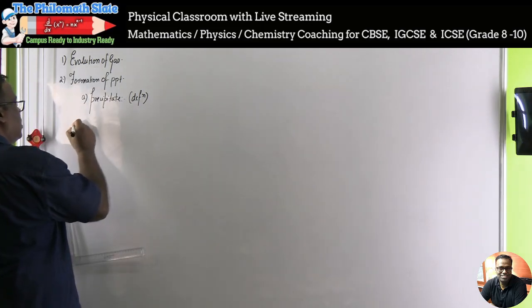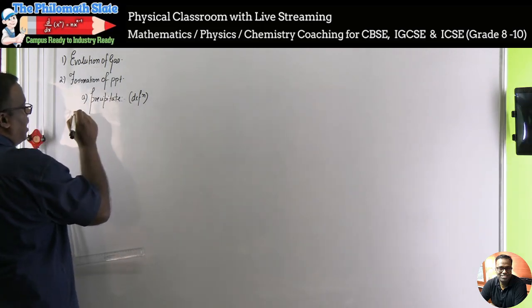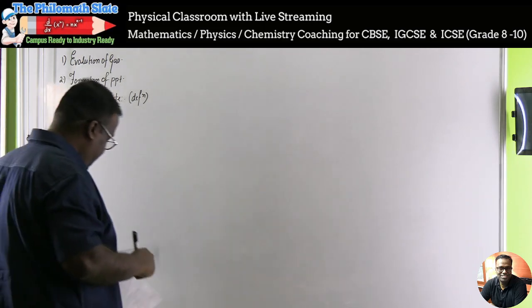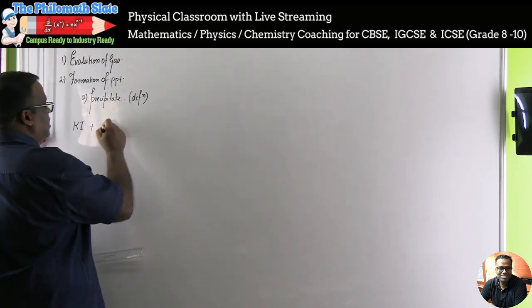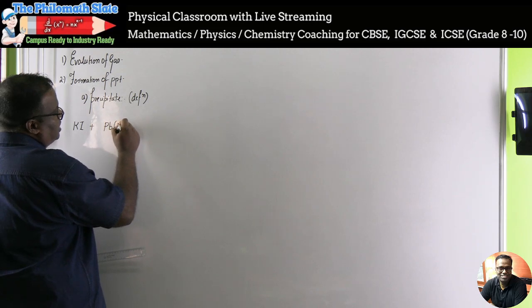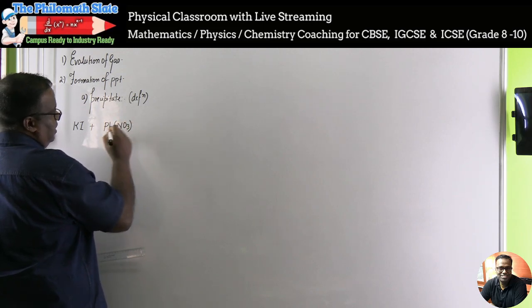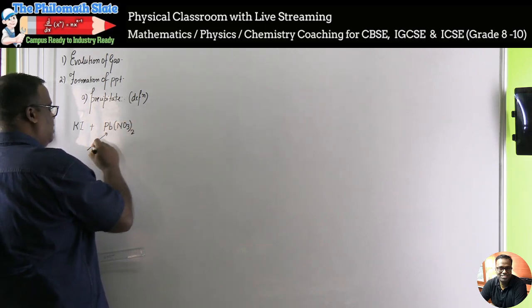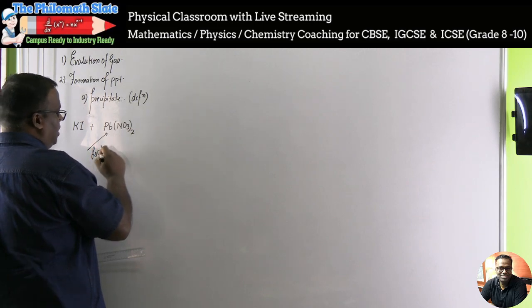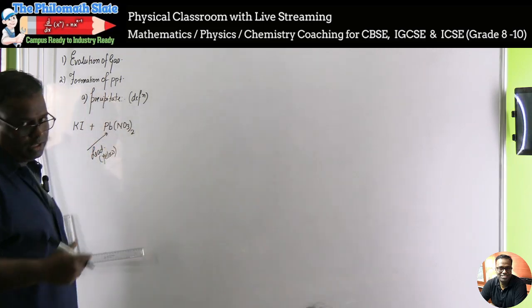Number one, potassium iodide KI reacts with lead nitrate. Something interesting about lead: lead salts are generally yellow in color.